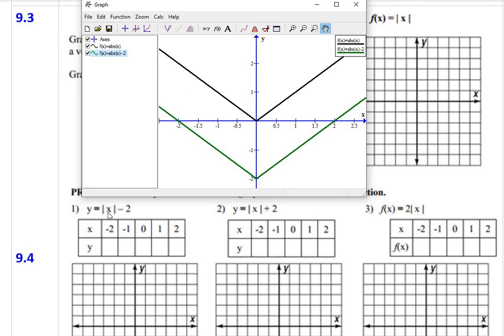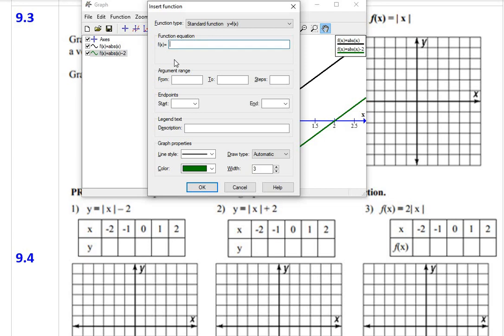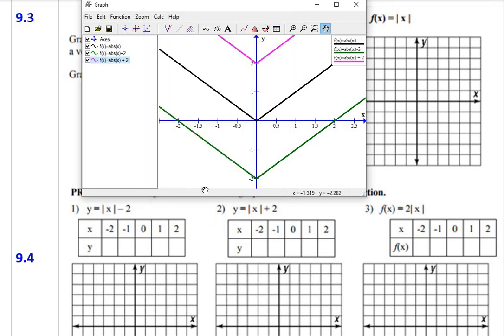So there's the absolute value x minus 2. If we can quickly just put in absolute value x, and we do the plus 2, let's take, isn't it Mother's Day Sunday or something? So let us use a pink. Okay.